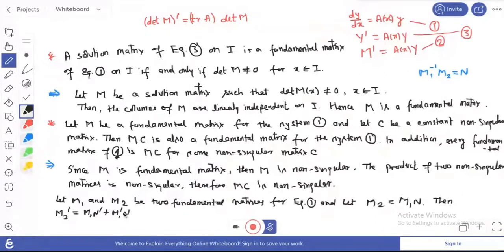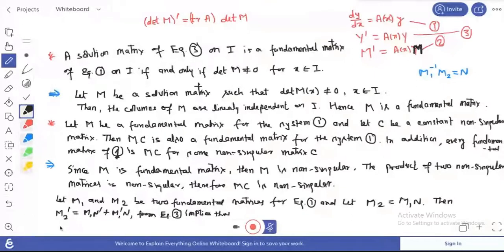So from equation 3 it implies that, here, what is M2 prime? Because M satisfies the matrix equation M prime equals AM.